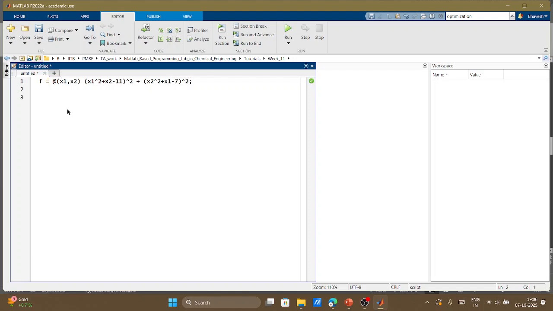So this is our function. Then x0 value is given as minus 5 comma 5.